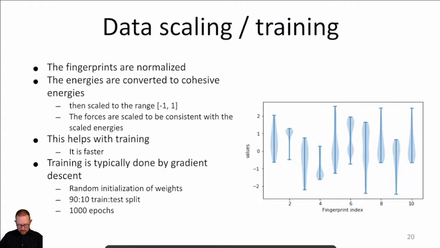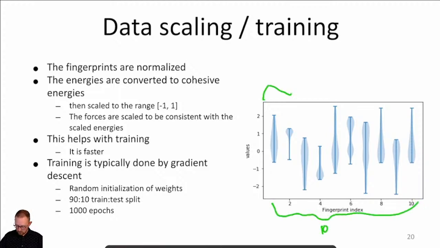The next thing we do is scale and normalize the fingerprints. There are a bunch of ways to do it. We will often scale them from 1 to -1 or 0 to 1. Again, it doesn't really matter as long as you do the scaling. Here is the raw distribution of fingerprints that we get. In the example for copper, we have 10 different fingerprints.